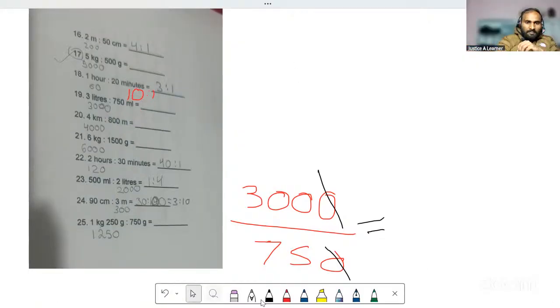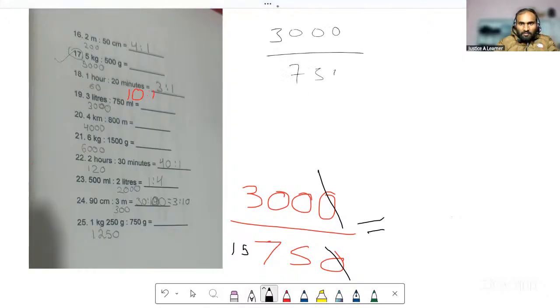Okay, just see how I'm going to do this. So this is 3000 upon 750. So I have cancelled 0, right? Now I can do it in two ways. I know the table of 15. So I can either do it by 15 5s are 75, or I can directly do it by 5.